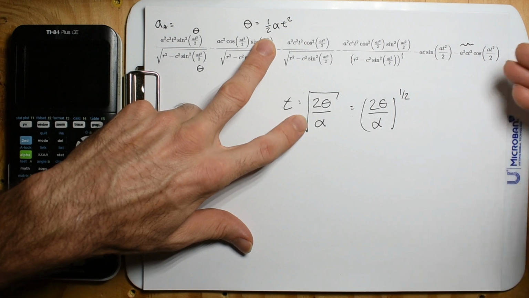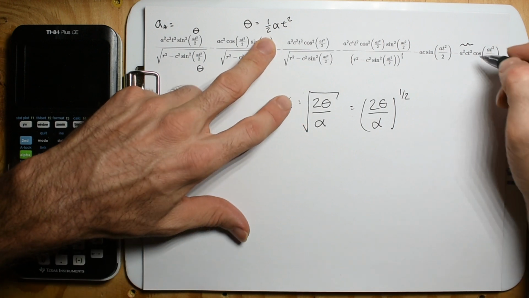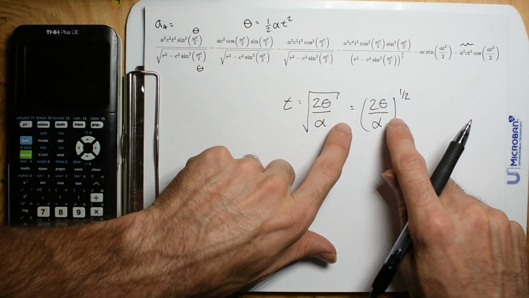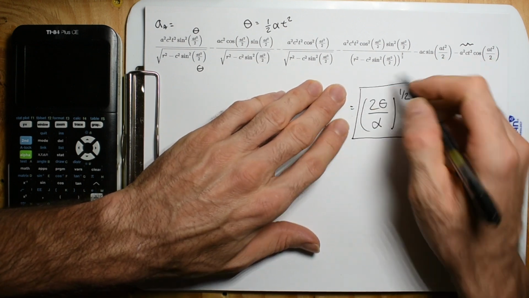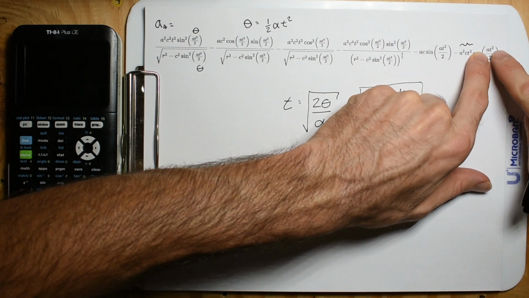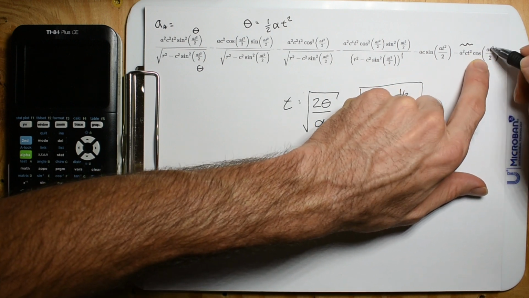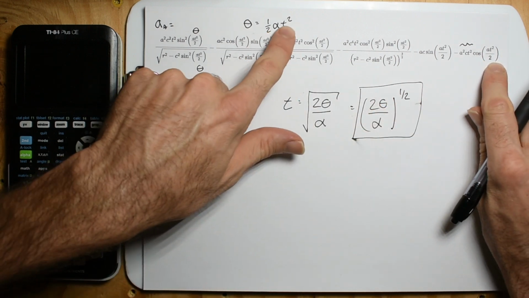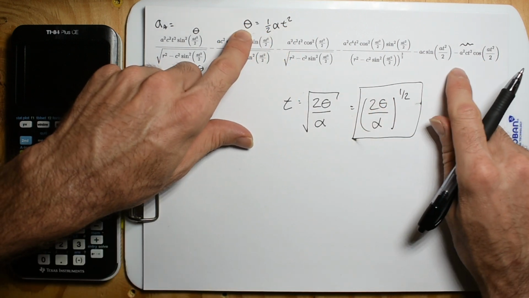And so what we're doing is we're saying, hey, every time I see time, I'm actually going to input this equation for theta. Right here I had a time squared, linked with angular acceleration and a 1/2. So I know that's literally the definition of theta.